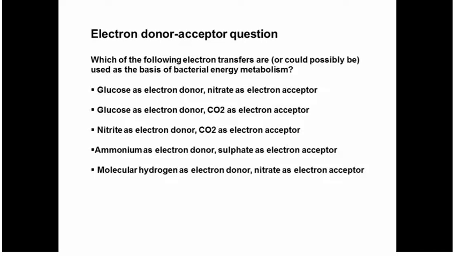So nitrogen compounds are better electron acceptors. And if you've got a reduced form as the donor, you're going to have to find a better electron acceptor than nitrate, than its own oxidized form. And sulfate cannot work because sulfate is a worse electron acceptor than nitrate.